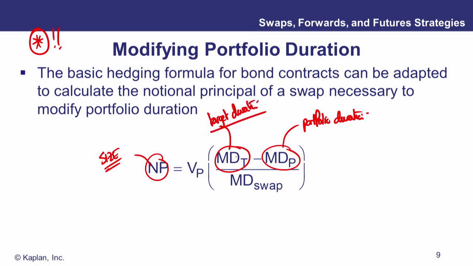All right, so on the top of this fraction here, you've got the change in duration that you desire. Target minus current portfolio. On the bottom, you've got the modified duration of a swap. That'll be the modified duration of what's coming in minus the modified duration of what's going out, as we just discussed. And then all you need to do is scale that up by the size of the portfolio.